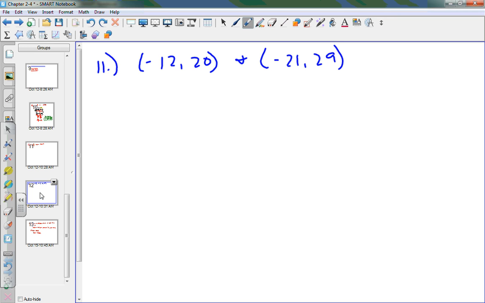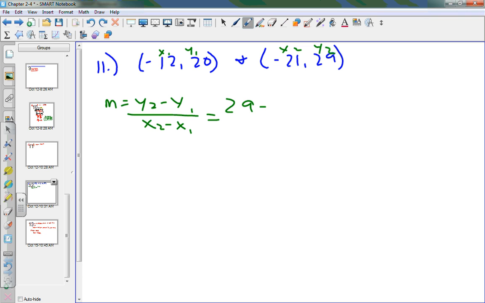Okay, what do I do first? Label your points, x1, y1, x2, y2, and the reason why we're doing that is because we have to find the slope. What do I do? Plug it in. That's right. 29 minus 20 over negative 21 minus negative 12.